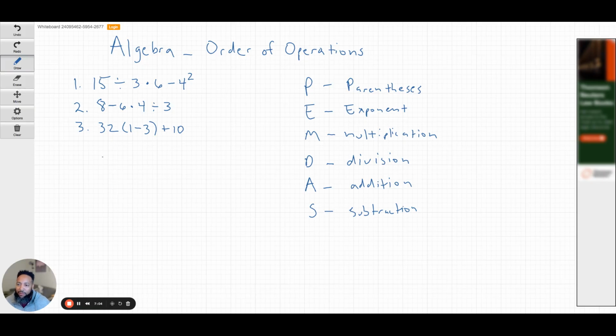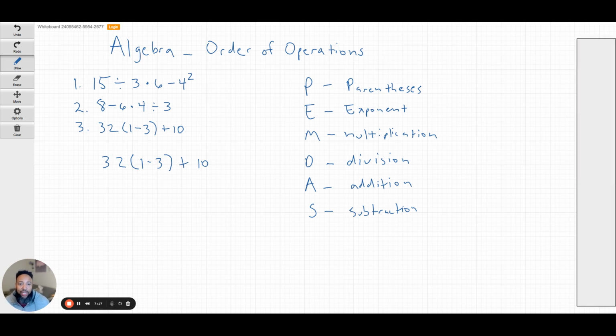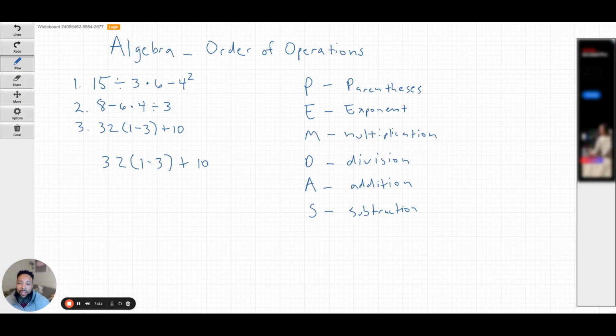All right, so we have 32 multiplied by 1 minus 3 in parentheses plus 10. So looking at our PEMDAS acronym, the first one on the list is do what's in parentheses first. So what's in parentheses is 1 minus 3. 1 minus 3 is negative 2.